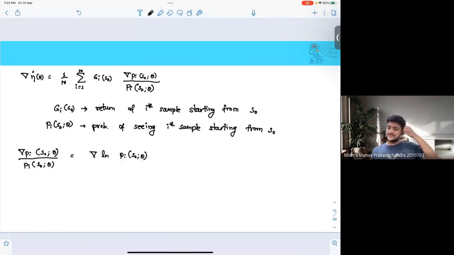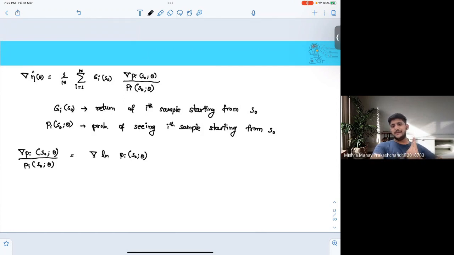The advantage of this ln representation is that my product can be represented by a summation. If I had to take a product of the different pis, the first sample, second sample, and so on, once I represent it in the ln representation, the product gets converted to a summation.